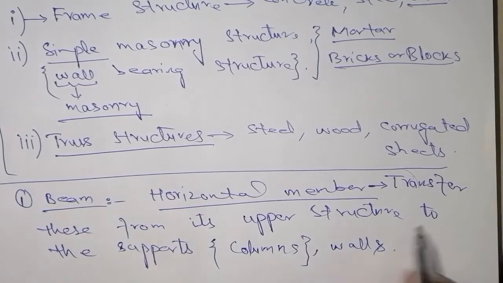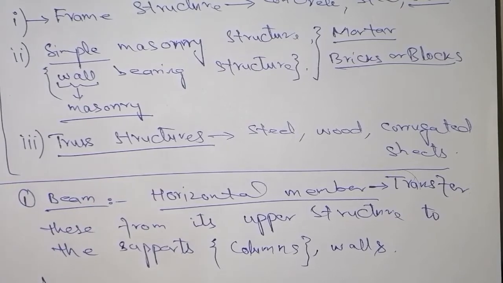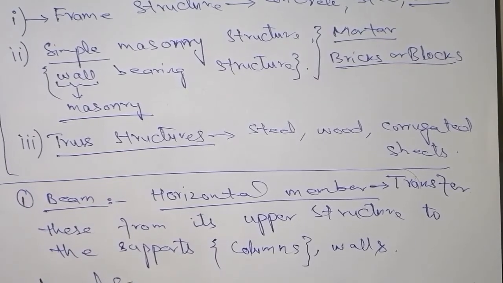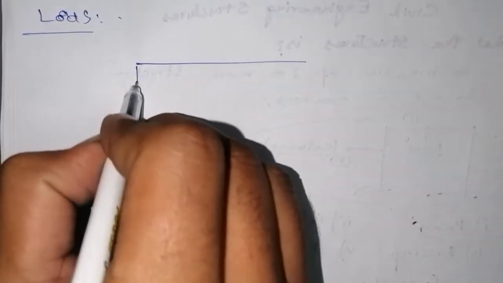So first of all, we have to know about the loads, what the loads are. There are different types of loads which can act on a structure. First of all, what is load? Suppose we have a beam like this.